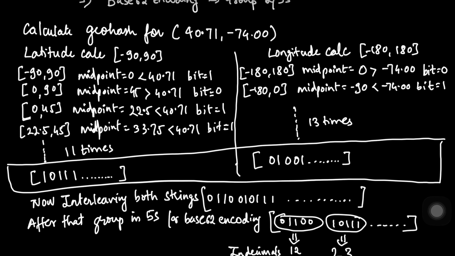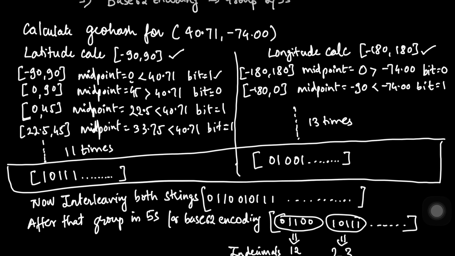Initially, as I told you, we will have a latitude calculation as well as a longitude calculation. Our latitude lies from minus 90 to 90, whereas longitude lies from minus 180 to 180. So as our latitude lies from minus 90 to 90, the midpoint is 0. If the coordinate is greater than the midpoint, we simply have the bit as 1.